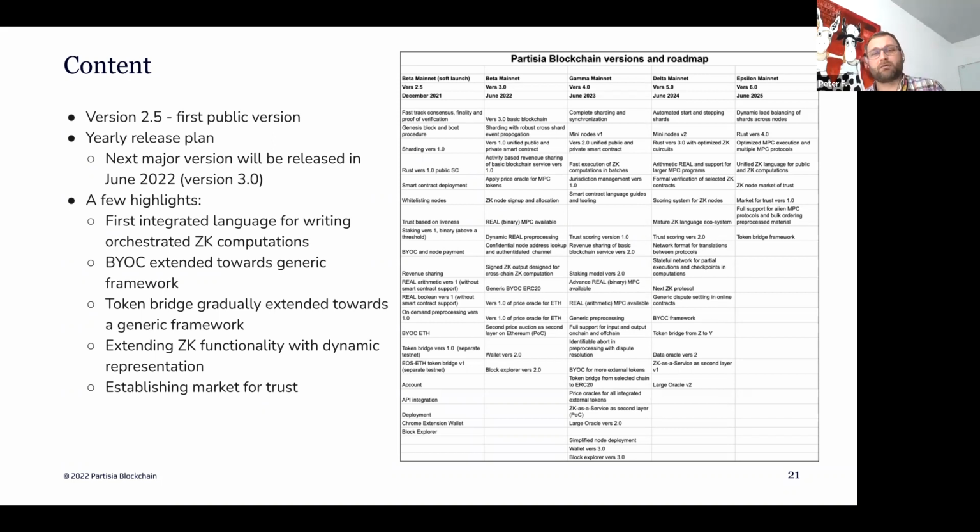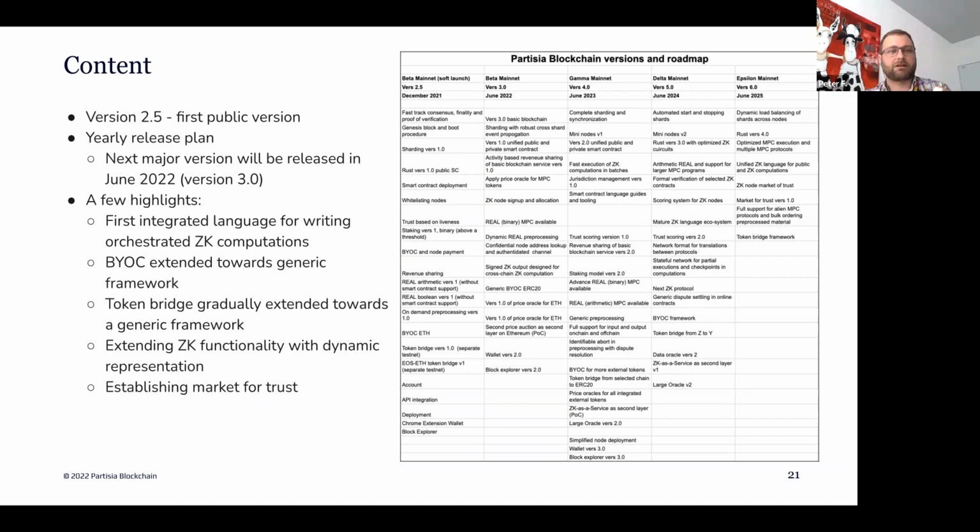And the biggest thing, there are so many good things, and it's hard to go into all the details of everything. But the biggest thing that we're going to do is, for the first time in the history of MPC and in the history of blockchain, we are building our own smart contract language. This is something I'm really proud of, that we as a team are achieving.